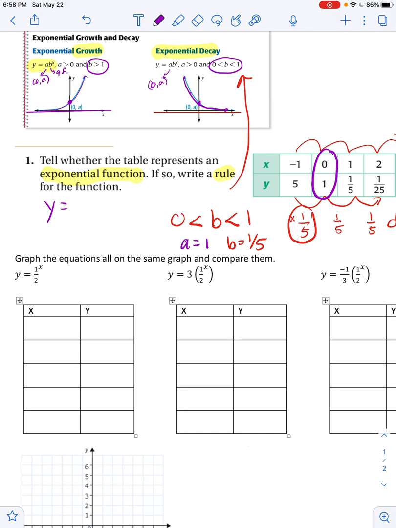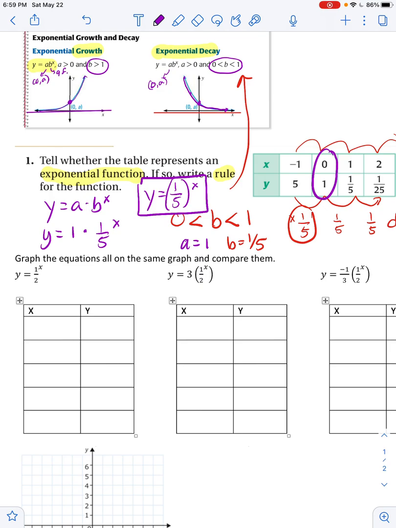So if I'm following that exponential model and my a is 1 and my b is 1/5, it would look like that. A lot of people will not write the 1 because multiplying by 1 doesn't change anything. So you might see it written just like this. And a lot of times with a fraction b value, they'll put parentheses so that you know the whole thing is raised to that x power.